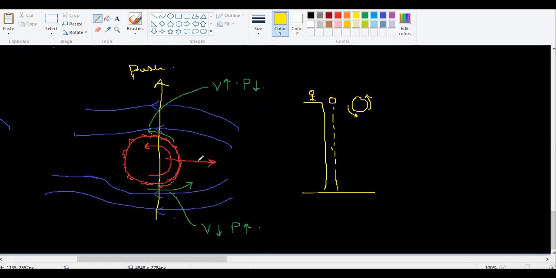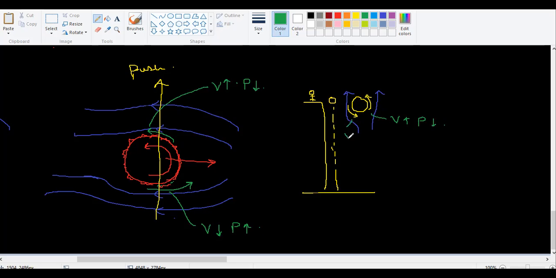According to Bernoulli's principle, what did we say? The air molecules are going upwards like this. The green one here will add up, and here this will cancel. So here the velocity is higher and the pressure is lower.